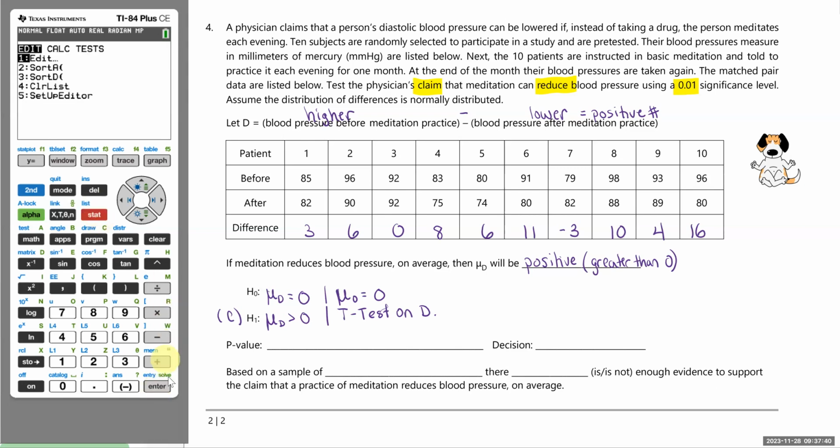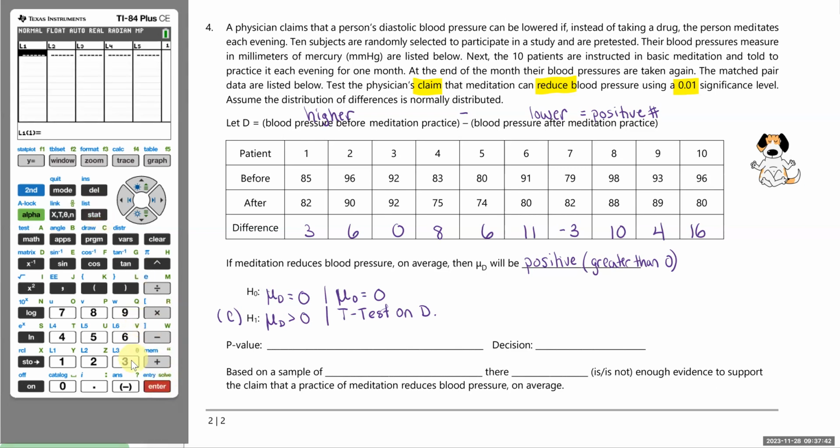All right, so on my calculator, I can just put those values into L1. You can actually put them anywhere that you would like, but I will do L1. And I think the typo is up there. All right, so our differences here, 3, 6, 0, 8, 6, 11, negative 3, 10, 4, and 16.